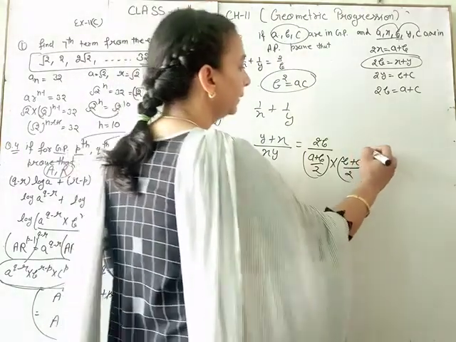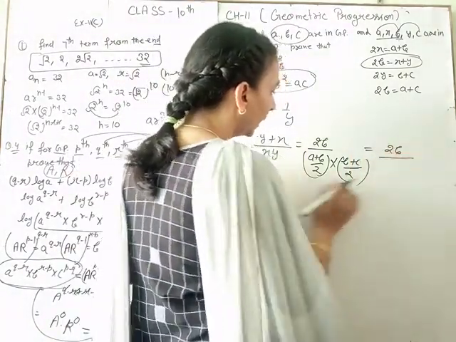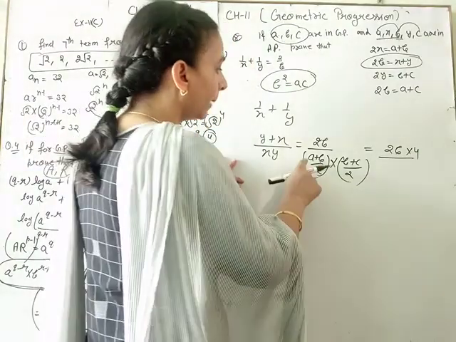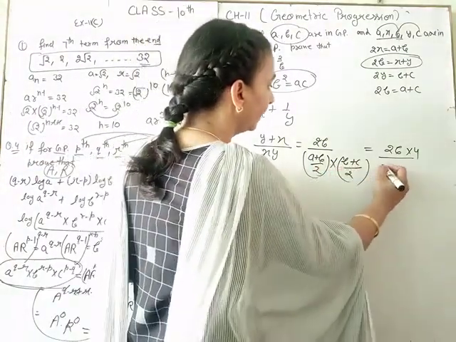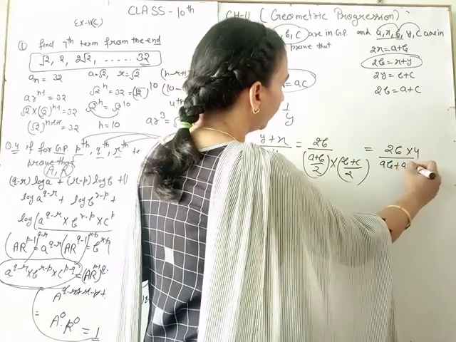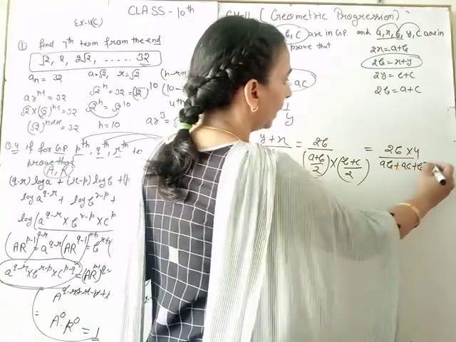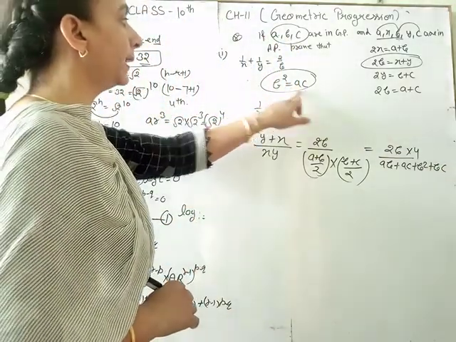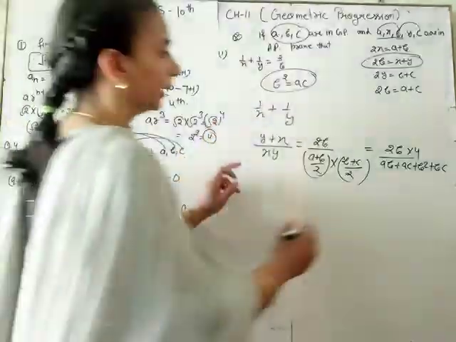Then 2B as it is, and A plus B multiplied by B plus C gives AB plus AC plus B square plus BC.